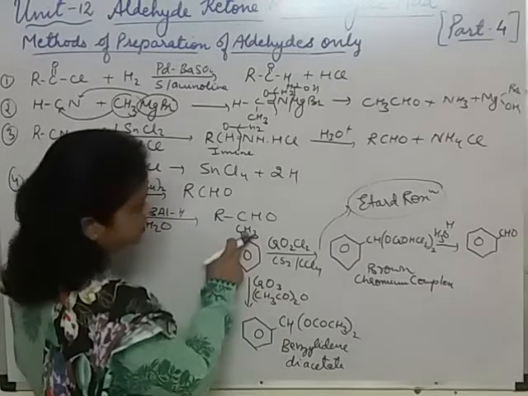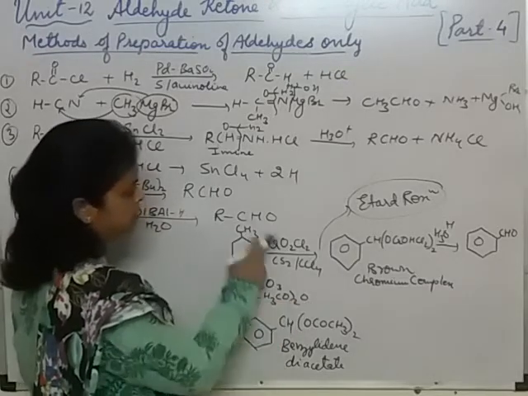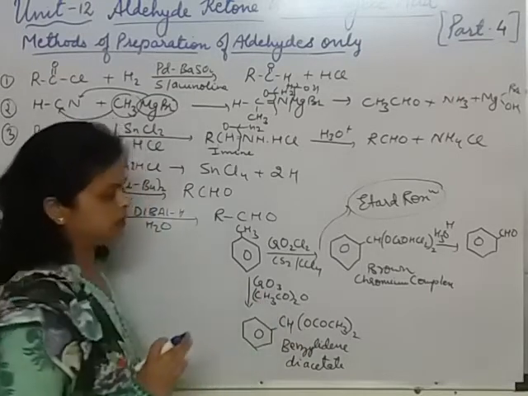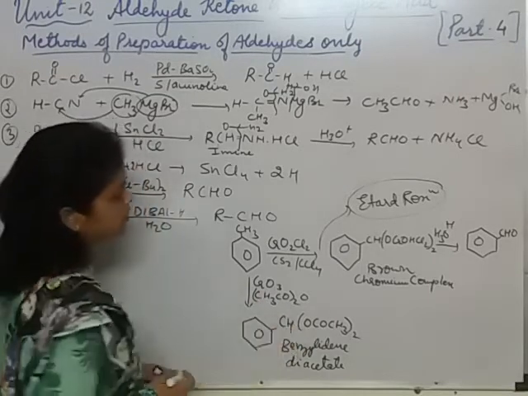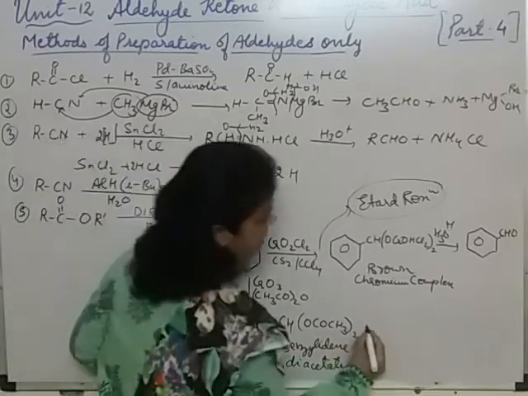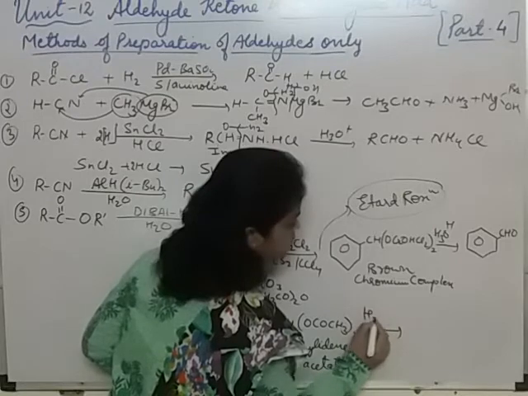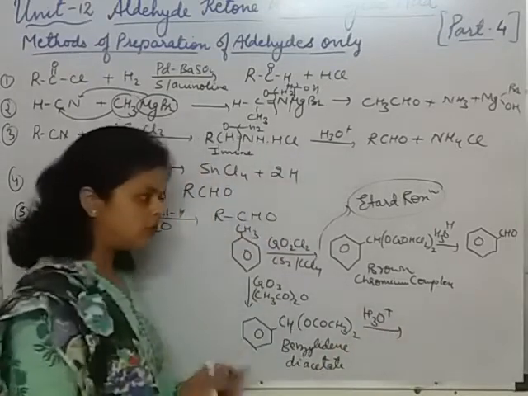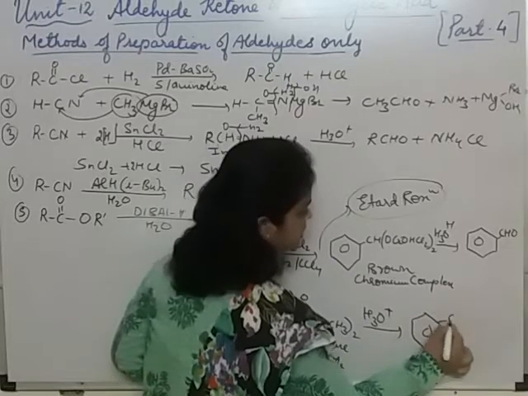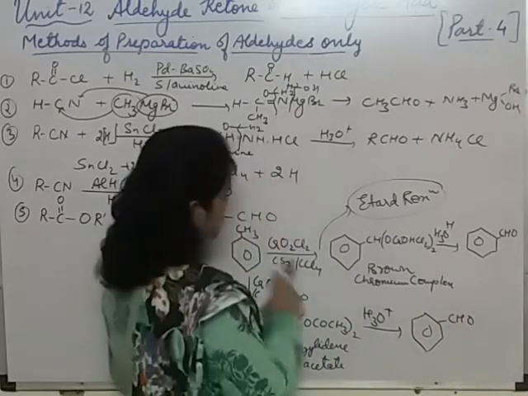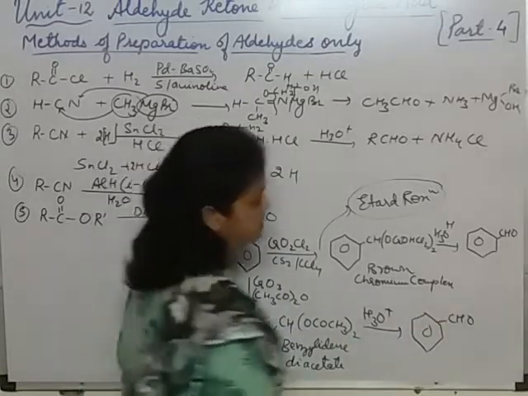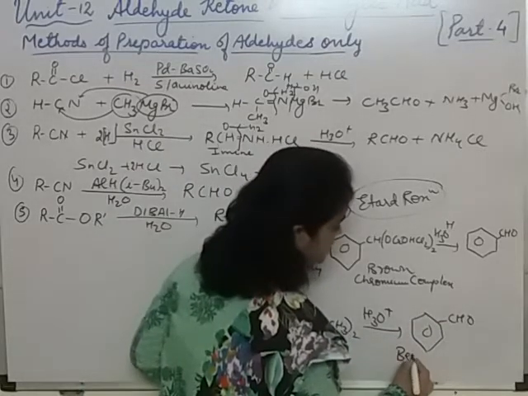So 3 H and 2 O, it will combine with this, and the CH3CO part will get attached with this one. So in this way also you can write the intermediate. Now this intermediate on hydrolysis will form the same product, that is benzaldehyde. That means what we can say, the CH3 group is oxidized to CHO group. The name is benzaldehyde.